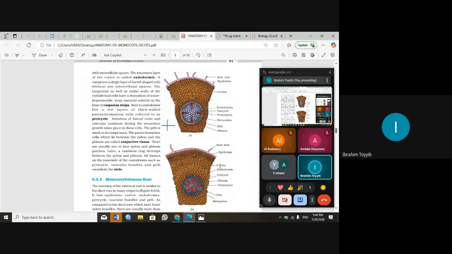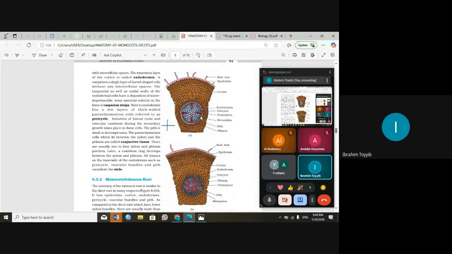The structures that you have here are the same thing that you have here, it's just that the diagram is different. Can you see the number of xylem and phloem that is here?